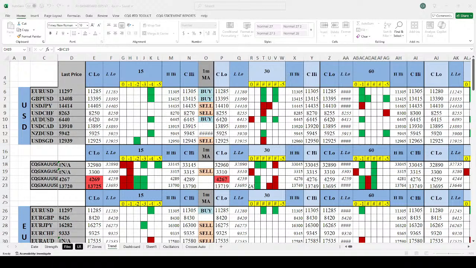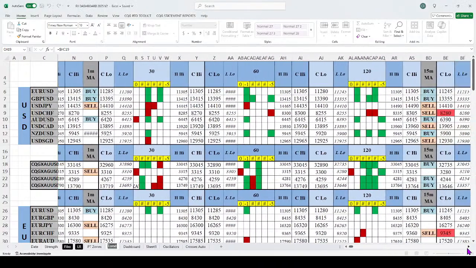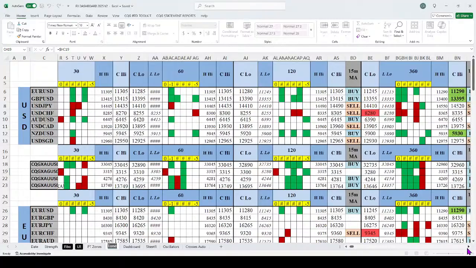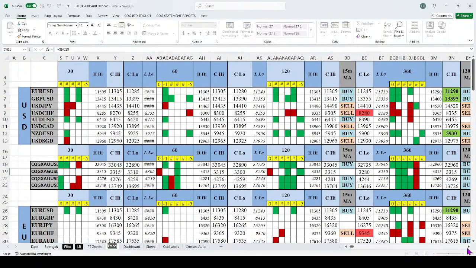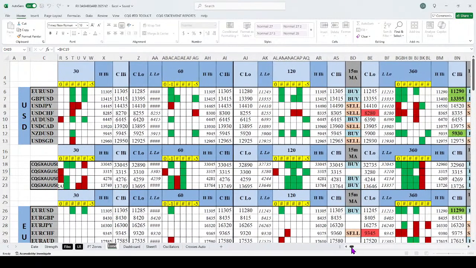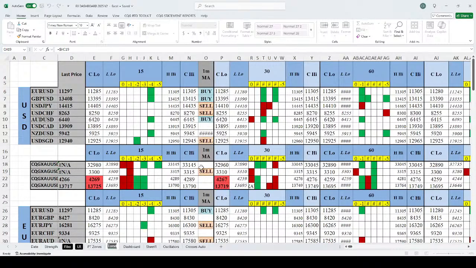The gold looks like we may have seen the high, because your 15-minute is already showing weakness, and most likely the price has hit the high. In fact, today's high is 33.15.